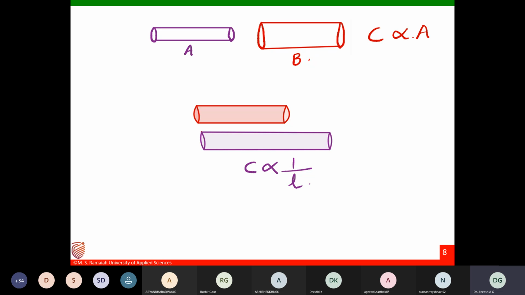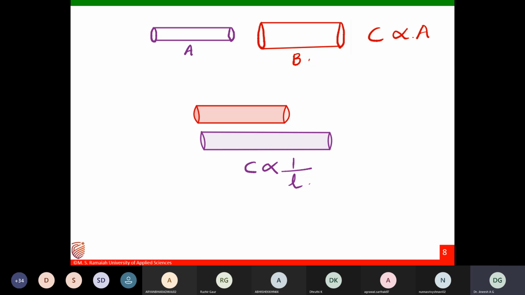I want to pass water through both the pipes. Which pipe will give the maximum output of water in a short time, pipe A or pipe B? B. Reason? More water can flow through B because of its higher cross-sectional area.